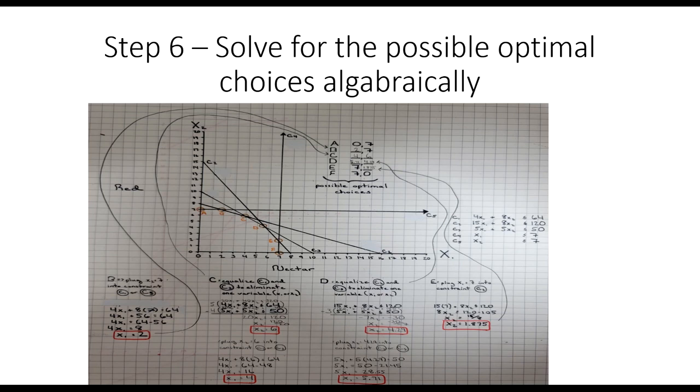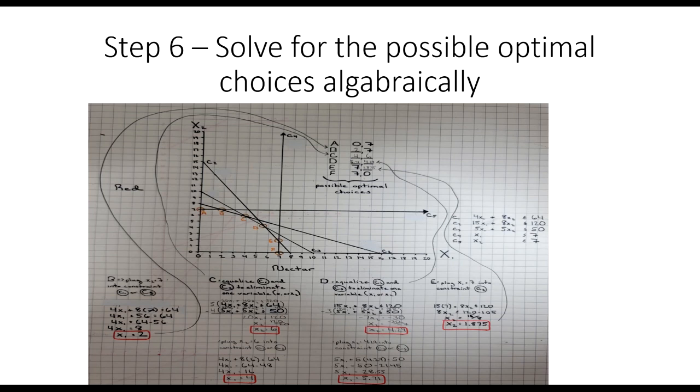So we know x2 will be equal to 7. We see that here. Because we have 1 point, it's relatively easy to solve for. We plug x2 equals 7 into constraint C1 or C5. It doesn't matter. But in this situation, we have to use C1 because C5 has no x2 variable, as we can see here.